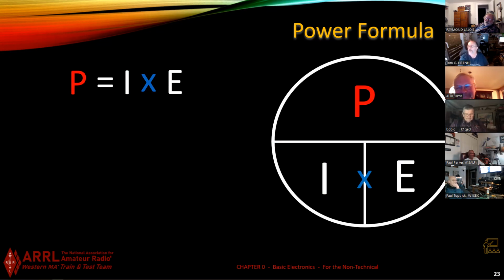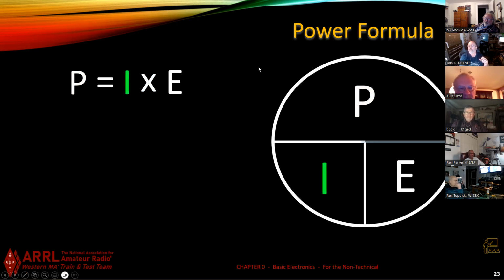Simple enough. Now, if we want to solve for I, what's the formula going to be? You're going to divide E into P. Exactly.